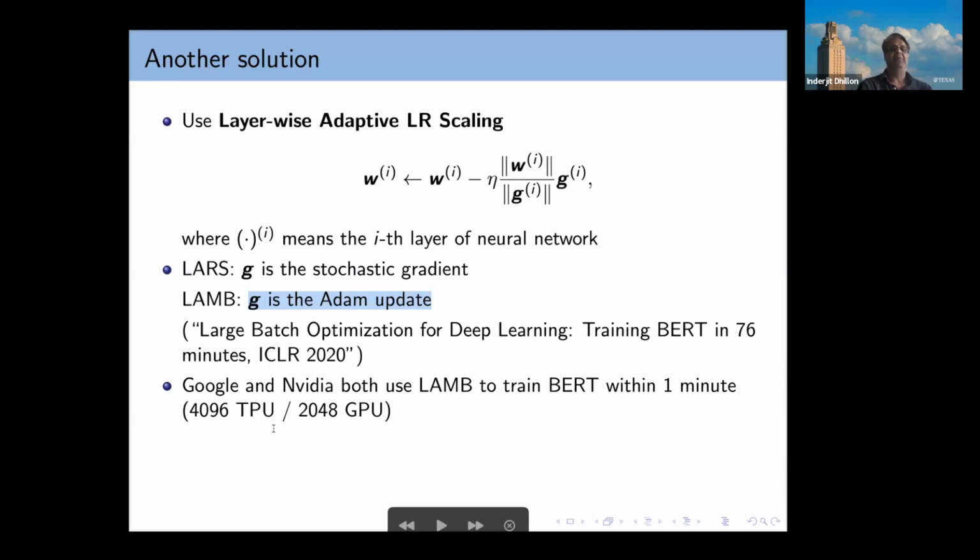However, if you started increasing the batch size, training would become unstable, right? So there was a nice piece of work in 2020 where they used, I think it was either LAMB or LARS, probably LAMB, and they were able to train the BERT model in 76 minutes at that time.